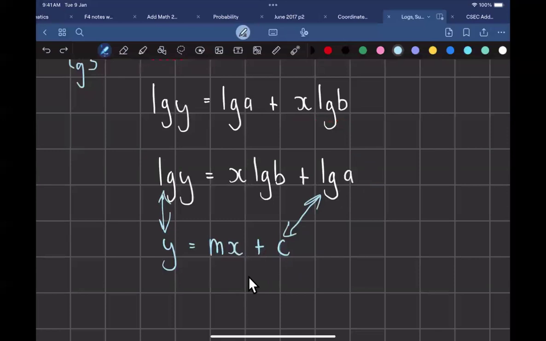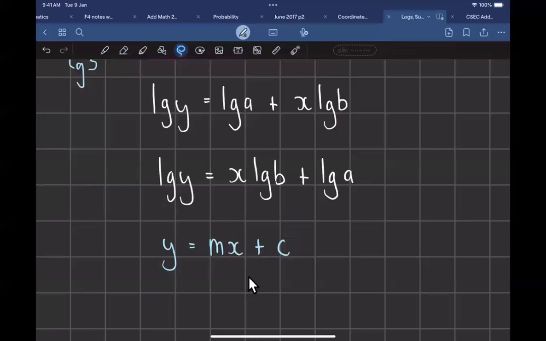Um, x log b. Is it? Because of the x? Kira, you made a slight oversight.